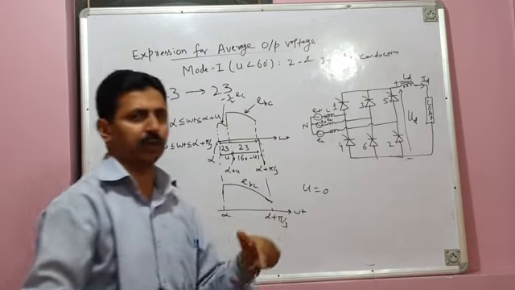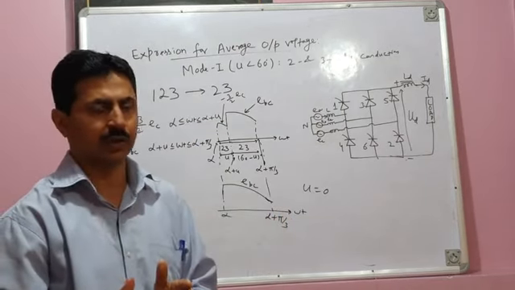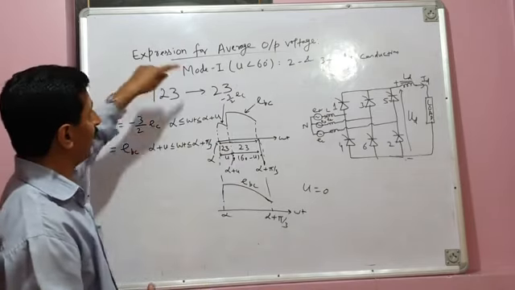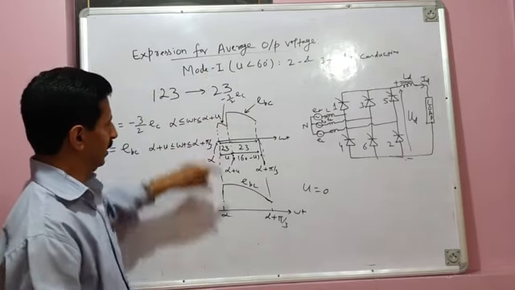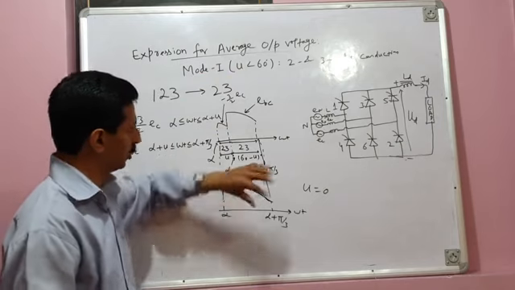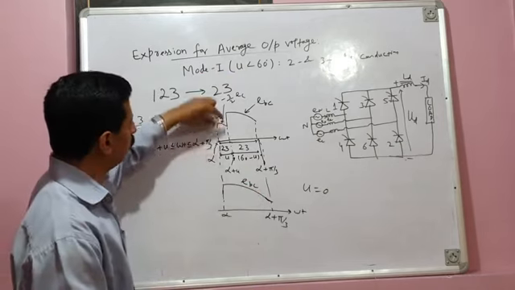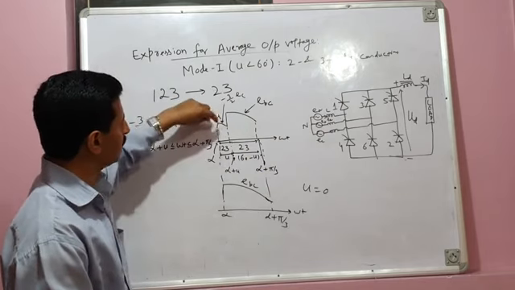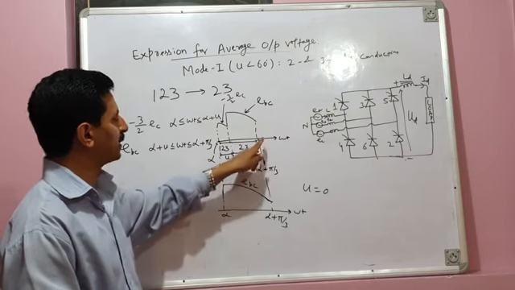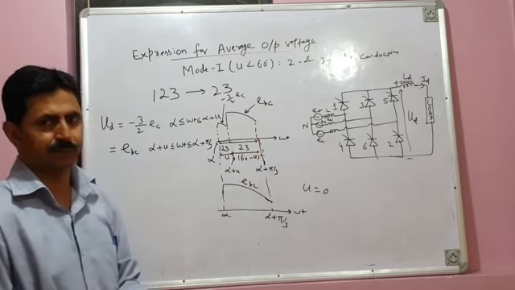That is for 2 valve conduction with U equal to 0 degree. But with commutation overlap, that is mode 1, U less than 60 degree, our load voltage is not equal to line voltage segment throughout the 60 degree interval. For U, that is from alpha to alpha plus U, it is minus 3 by 2 EC, and from alpha plus U to alpha plus pi by 3, it is EBC.